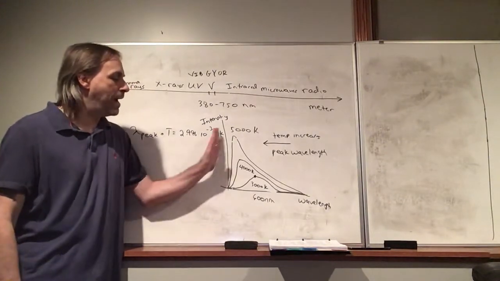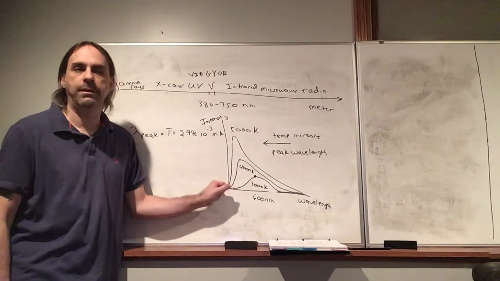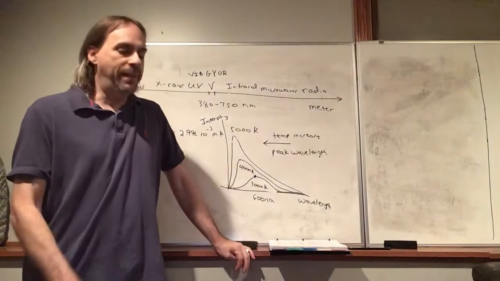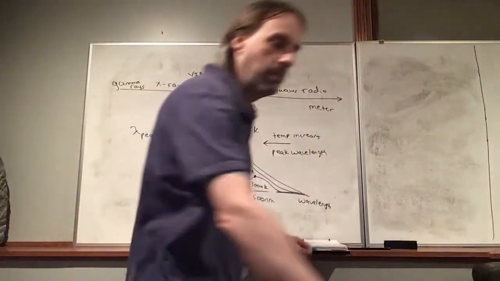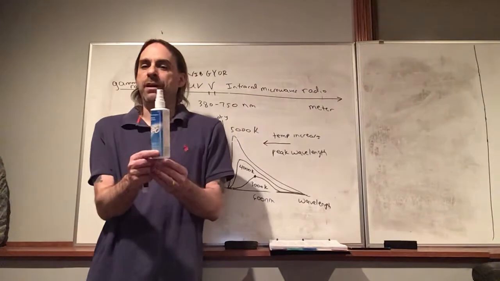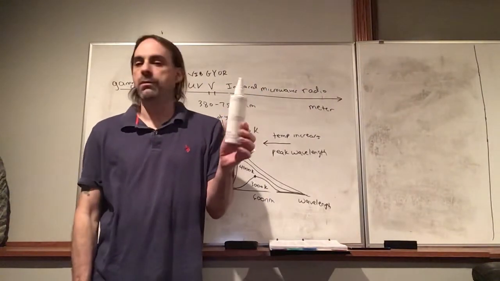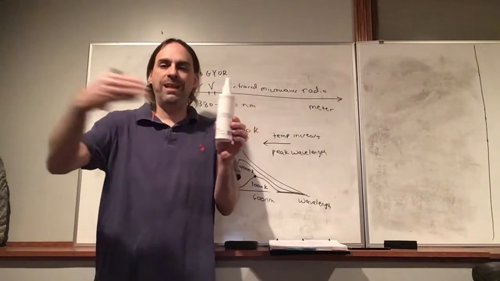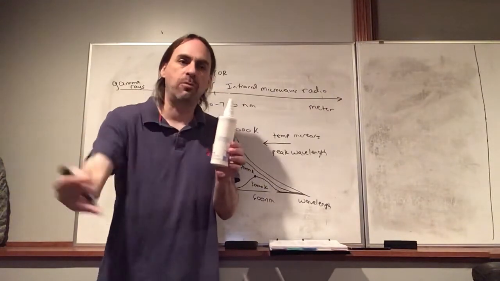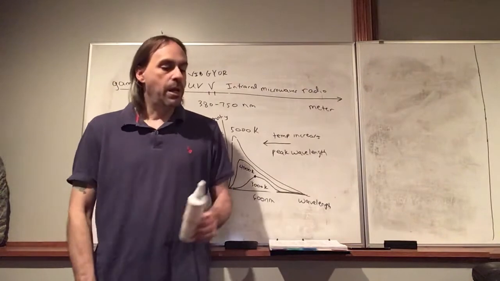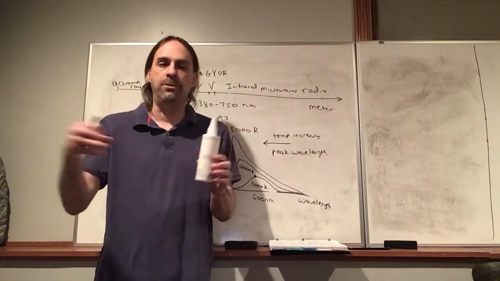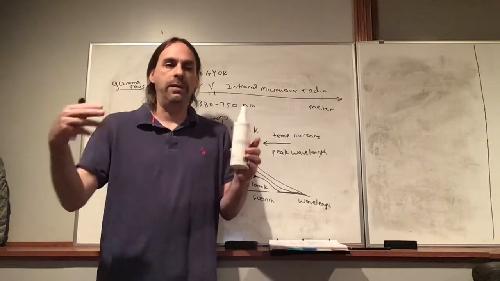Now, I say this is radiation from a perfect black body. What does that mean? What is a perfect black body? Normal things, like this, a real object, look white to you, and that's because what you're seeing is light reflecting off of it. So it's giving off its own radiation, but it's also reflecting light. By definition, a perfect black body is something that would absorb all the light that hits it.